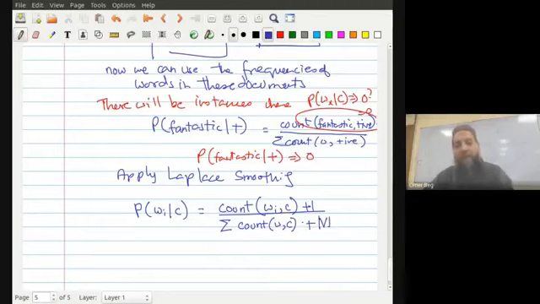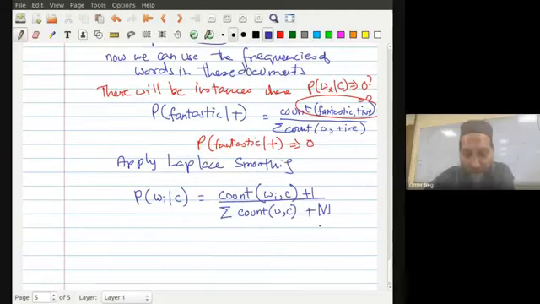See? Regardless of whether the word is in the positive class or the negative class. So the entire vocabulary. So this is the Laplace smoothed probability for our features.